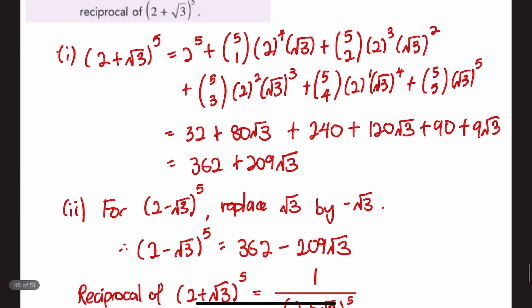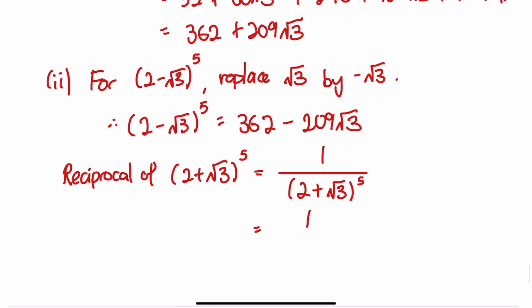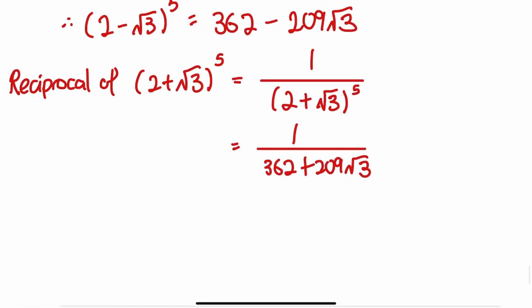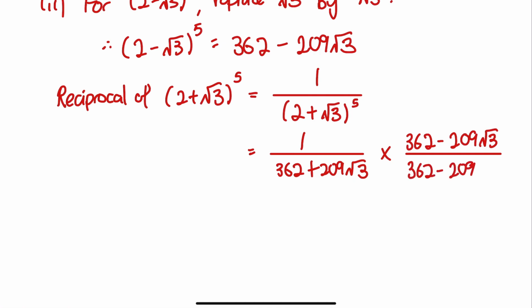In part 1 I've shown that the denominator here can be rewritten as this form here. So let's rewrite that. This is the same as 1 over 362 plus 209 root 3. Next step. How do I get rid of the surd in the denominator? Simply rationalize this by multiplying by the conjugate. Conjugate is 362 minus 209 root 3. Likewise here, 362 minus 209 root 3.